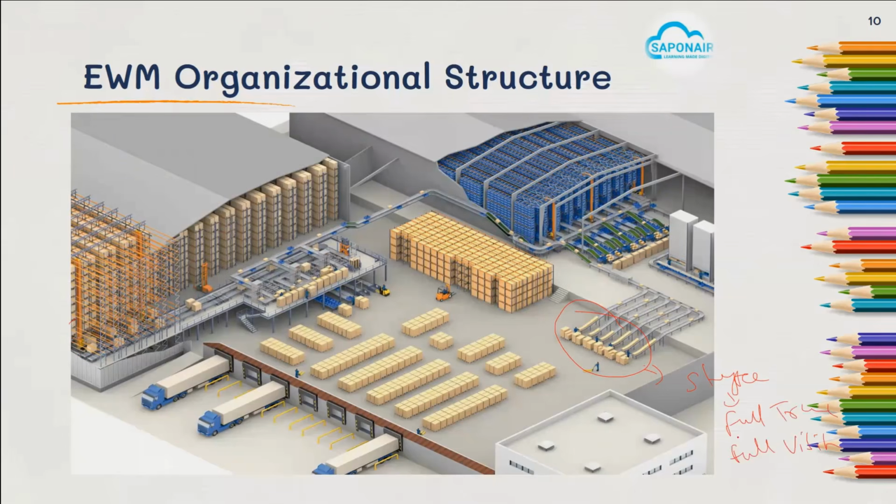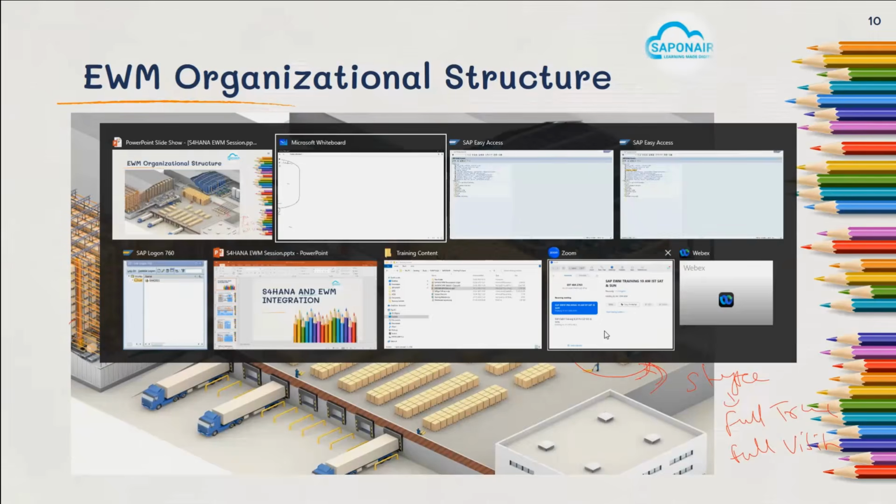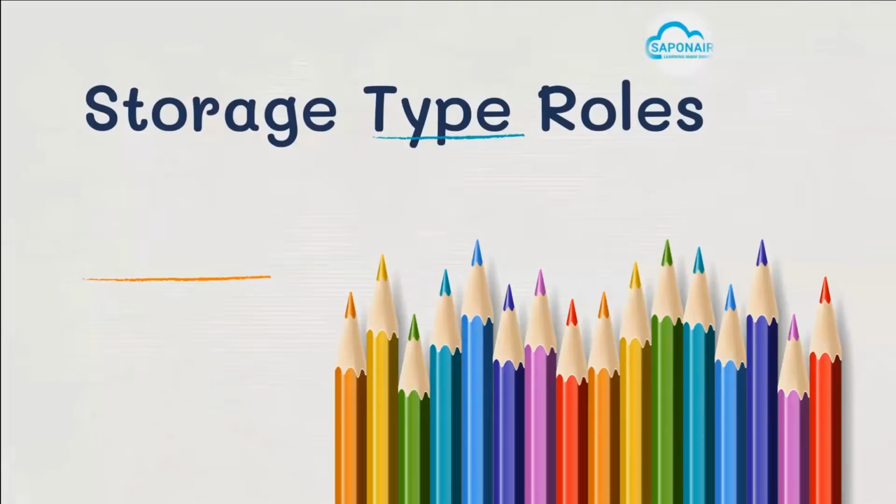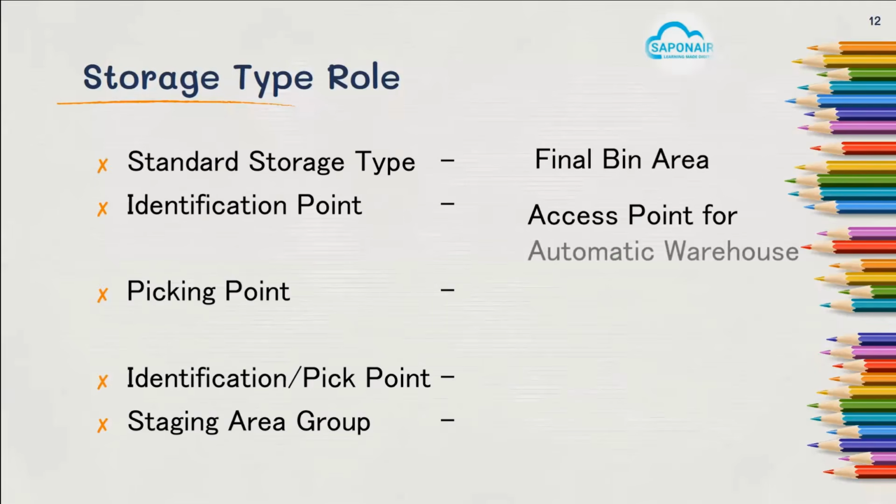I can track exactly where my stock is available. So if the business asks to name the storage type, you define the storage type with the storage type role identification point. This is an access point. This is an integration point to communicate to your automated warehouse.